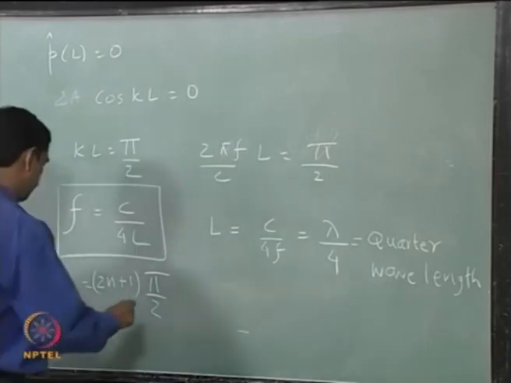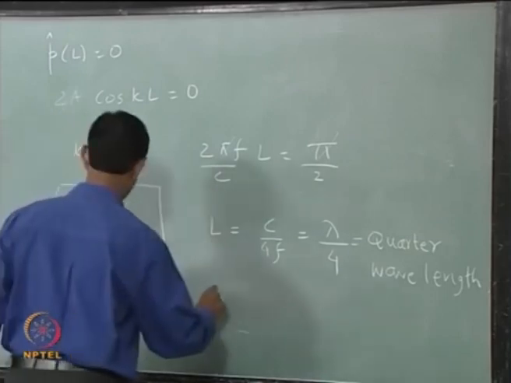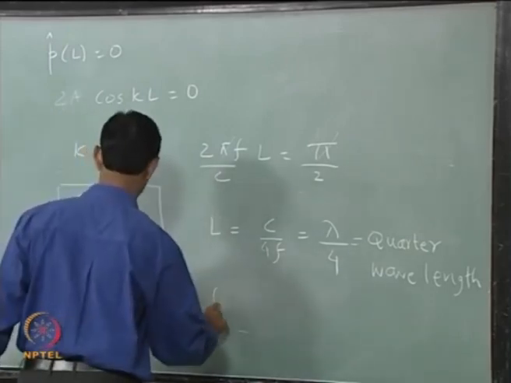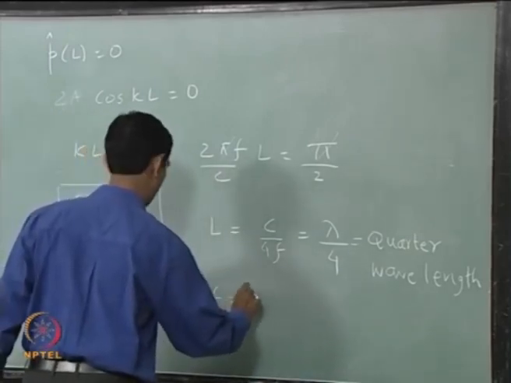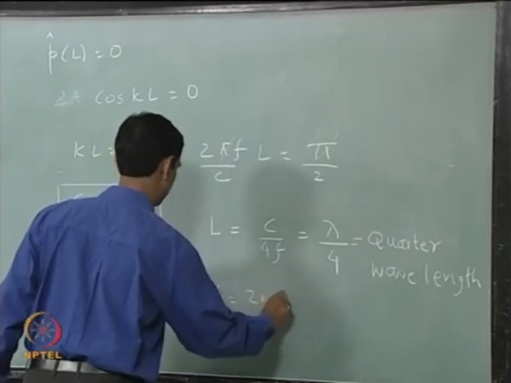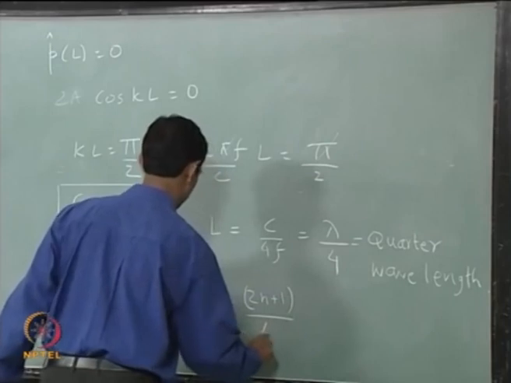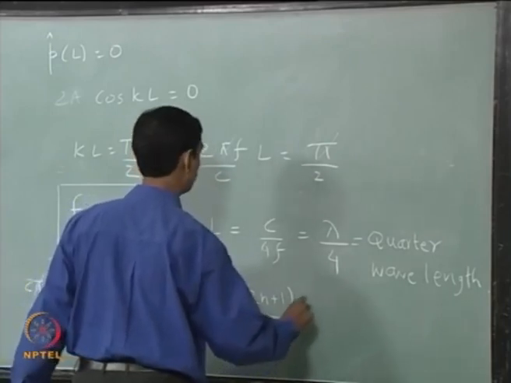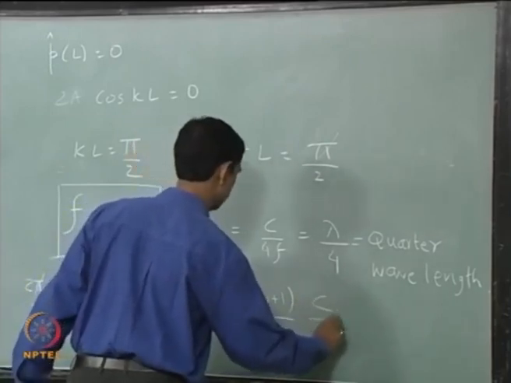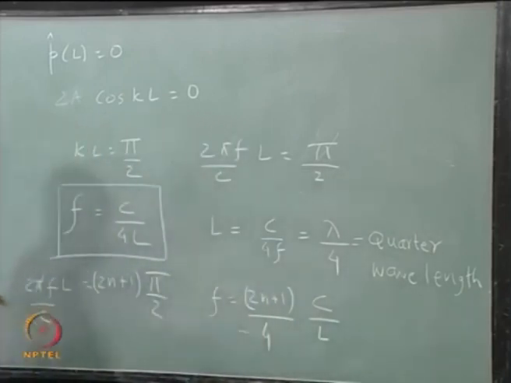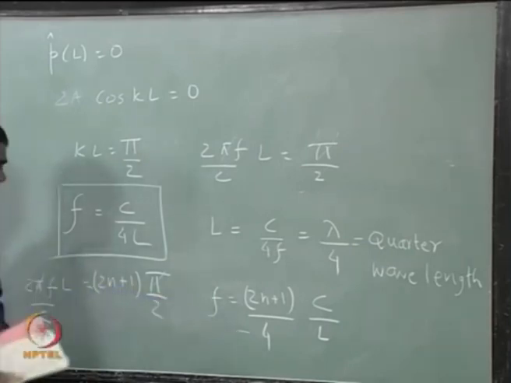So therefore we can get a general expression for f as 2n plus 1 over 4 times c over L. I hope this is right, please check yourself. So this is the general expression for frequency.